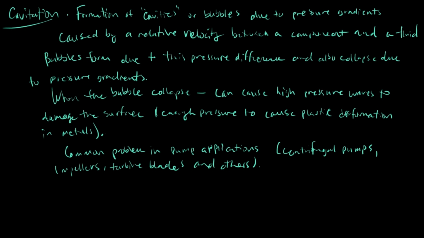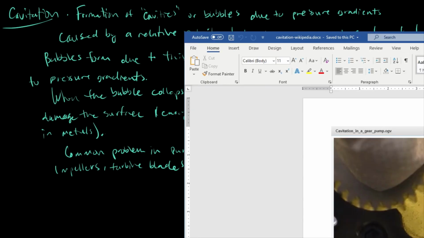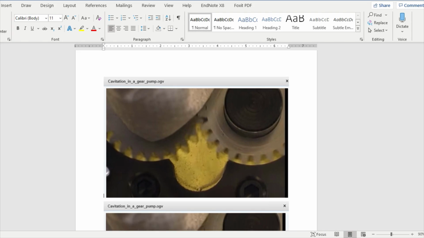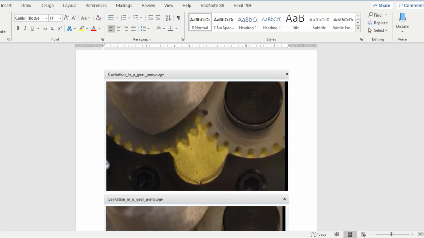So what this looks like is actually pretty interesting. So these are some pictures that were taken from Wikipedia on the web of a gear pump, and there's actually a video that you can watch. But this is gear pumps. This is 2 gears.